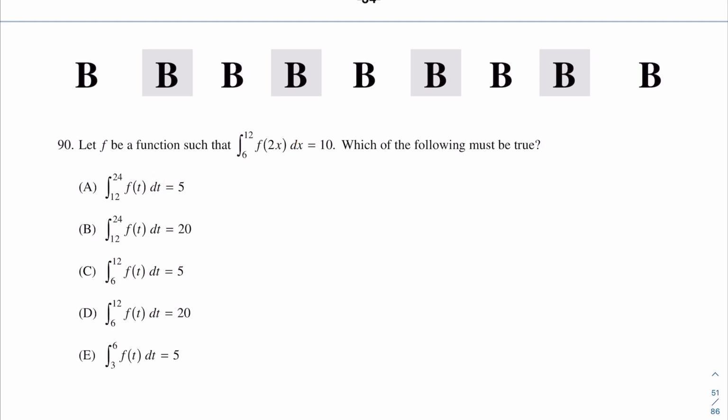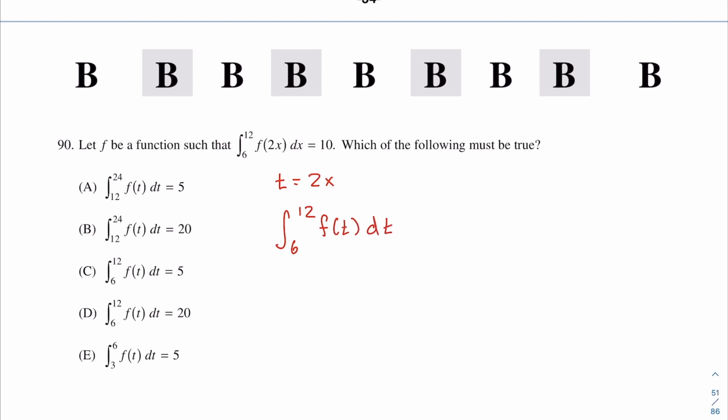So you might be tempted to just say, okay, t is equal to 2x. So this whole integral is the integral from 6 to 12 of f of t dt.